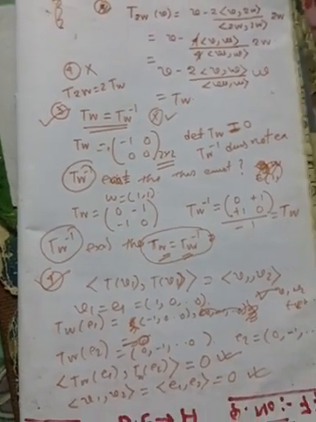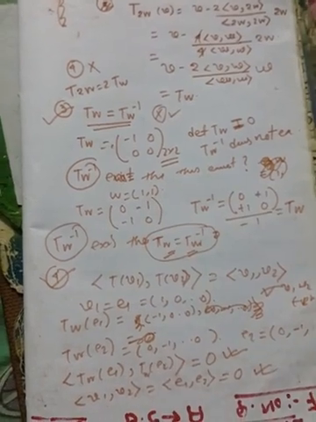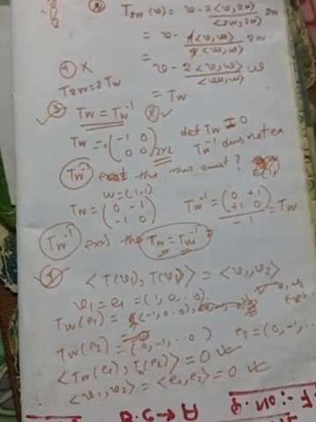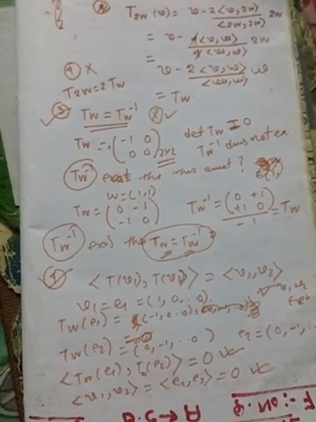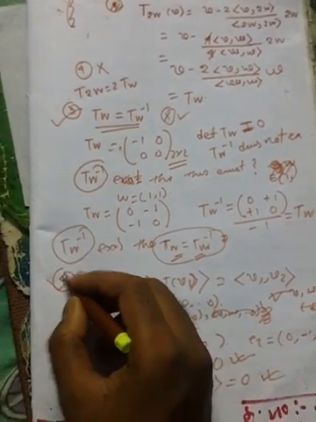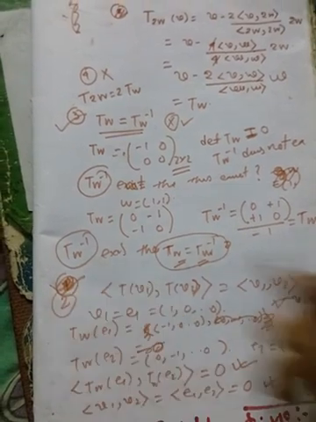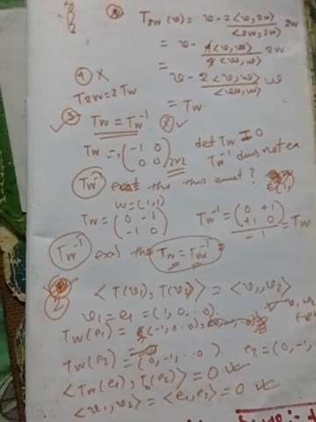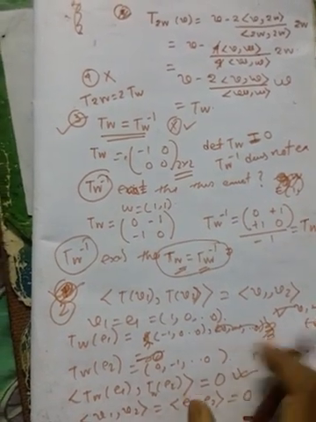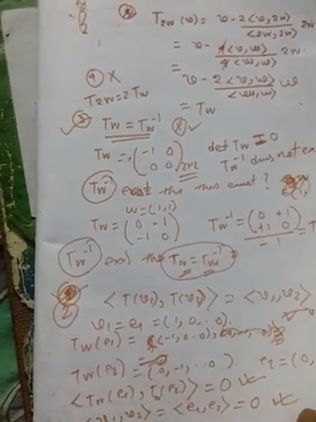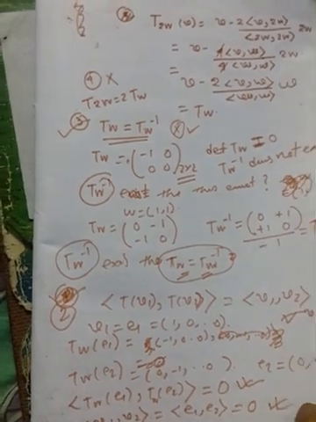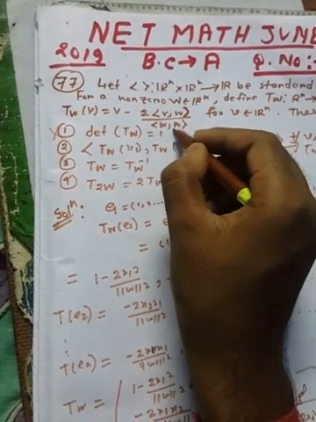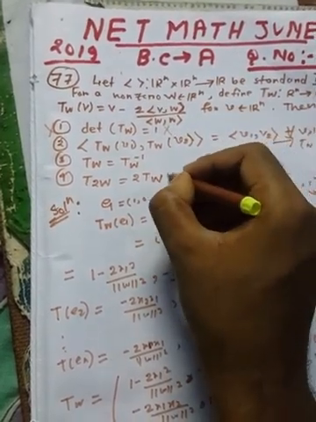We take example 2. So options 3 and 4 are correct or incorrect, but this is not 4, this is actually 2. But in general it can also be so. Then options 2 and 3 are correct here. The first option, determinant TW equals 1, is incorrect, and this one is also incorrect.